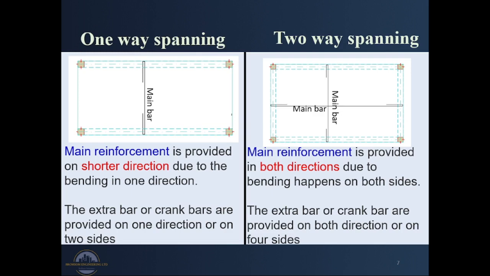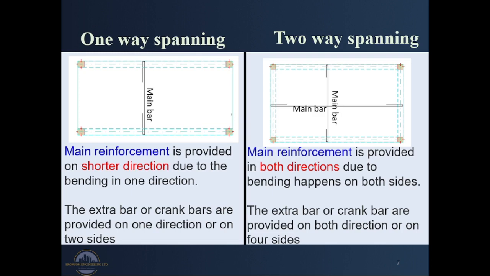And we normally have extra bars or crank bars that we provide in one direction, on the direction of running of the main bar. These are the bars that we normally have as our top bars. So our main bottom bars will be cranked to become our top bars only in one direction.